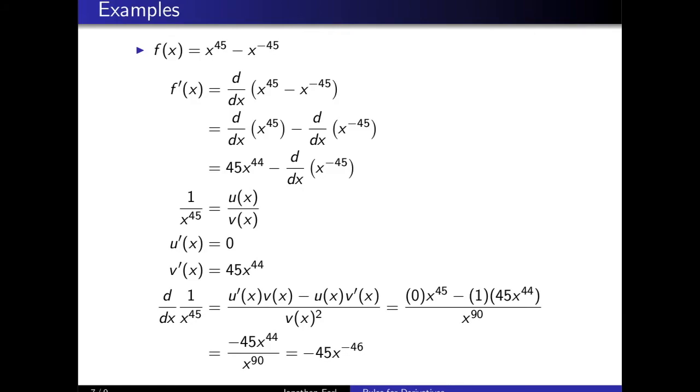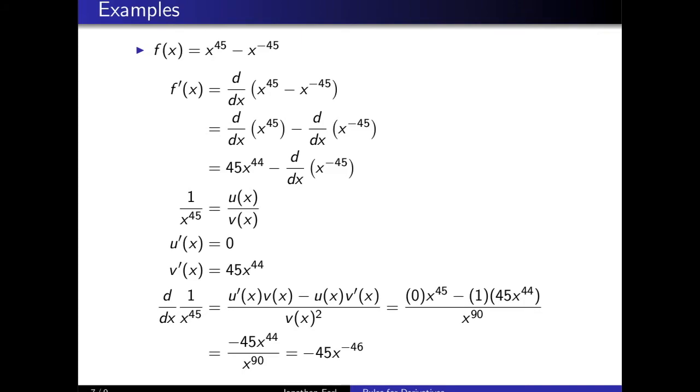Okay, for our next illustration, we'll take the function x to the 45 minus x to the minus 45. The first thing that we'll do is our standard stuff. So we'll go and apply our sum difference rules, then constant multiple rules, and then the power rule. But remember that we've said the power rule so far, as we've described it, only really works for positive integers.